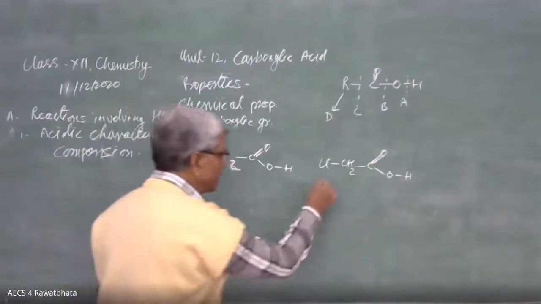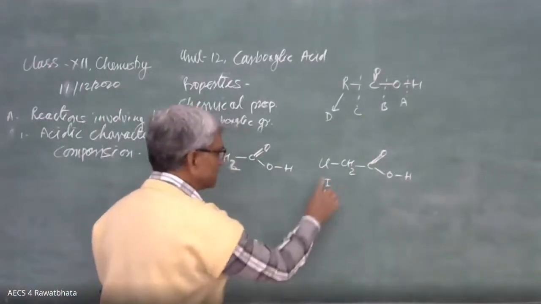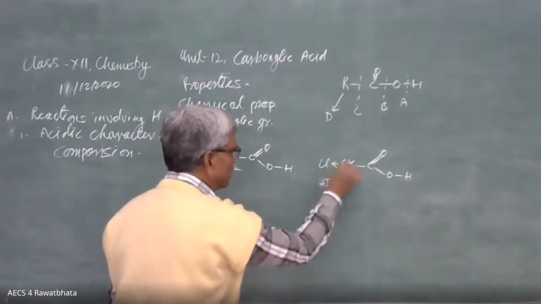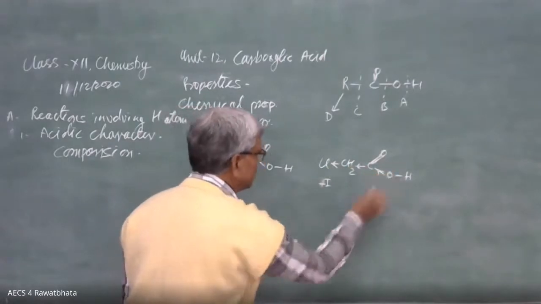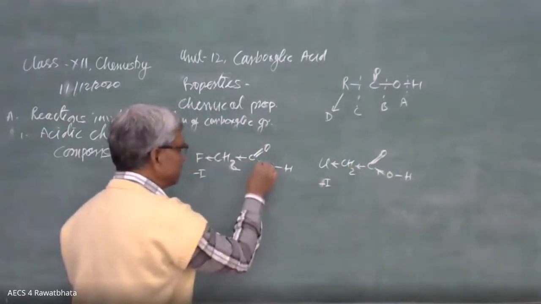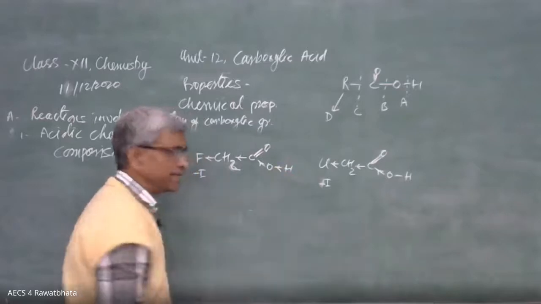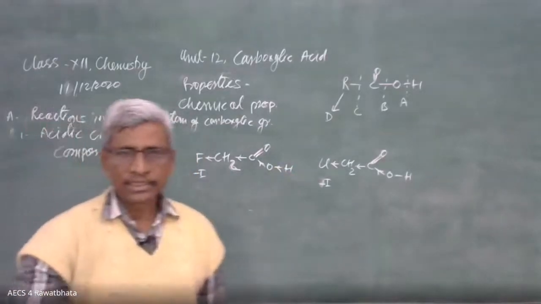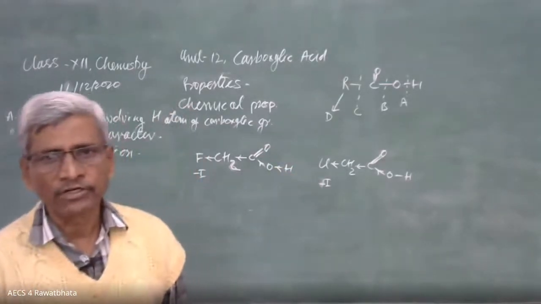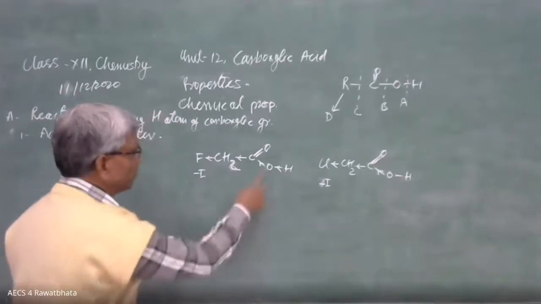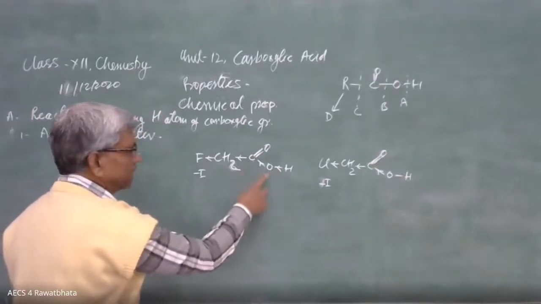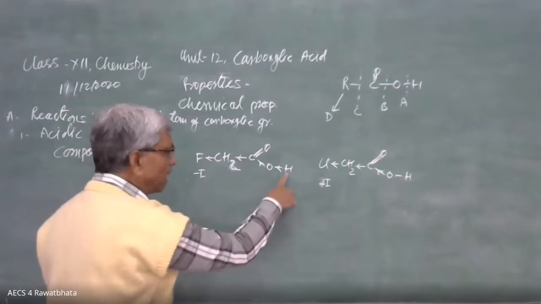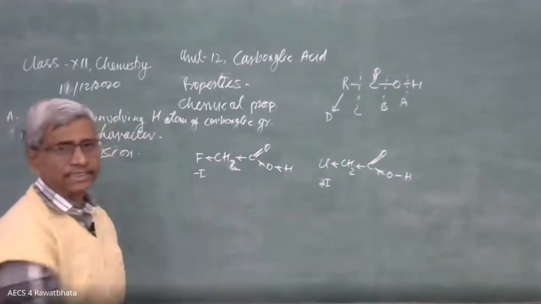And here chlorine also exhibits minus I effect, electron withdrawing effect, and this electron density pushes in this way. This type of arrow we have to mark in the diagram. This is showing the shifting of shared pair of electrons. So this shared pair of electrons shifted towards this side, and that's why hydrogen can be easily released.